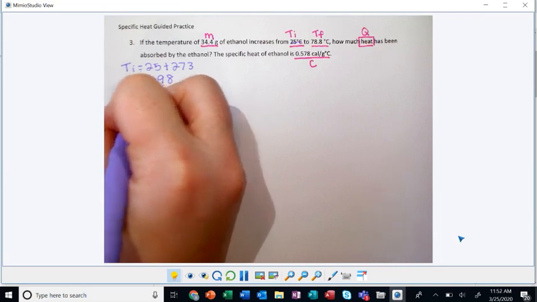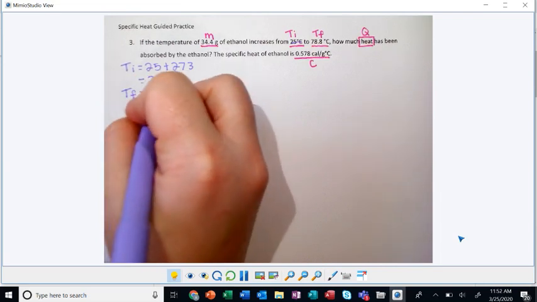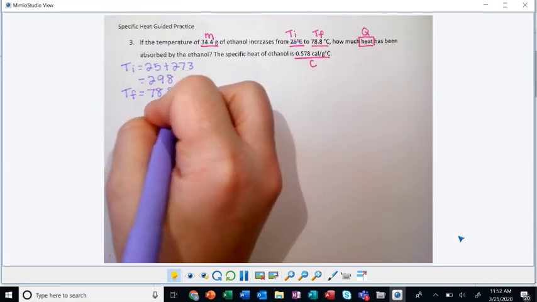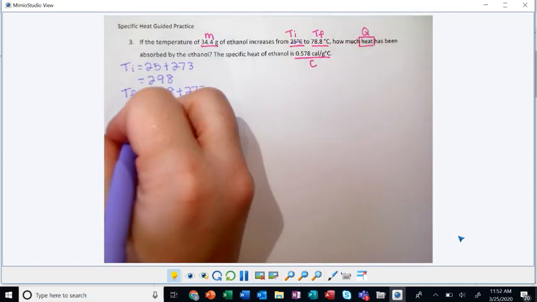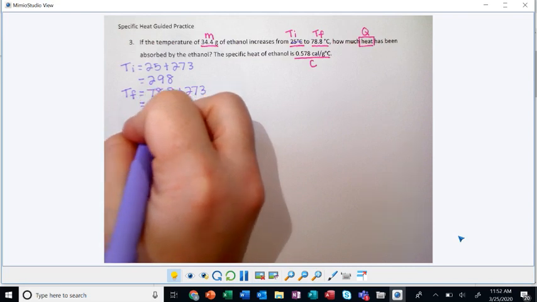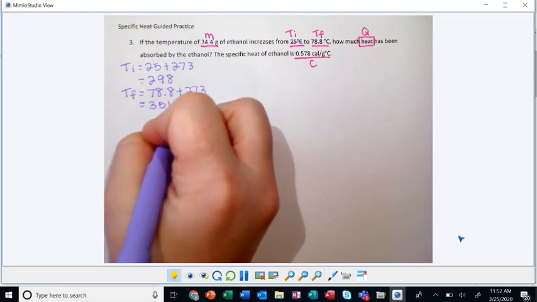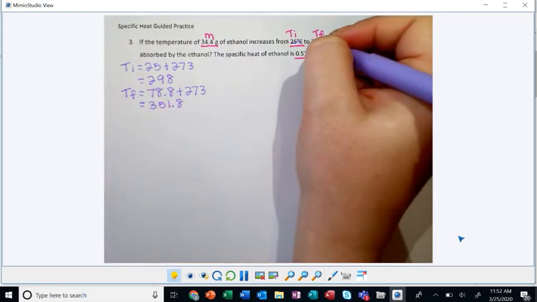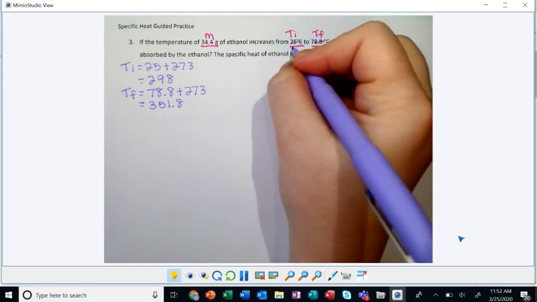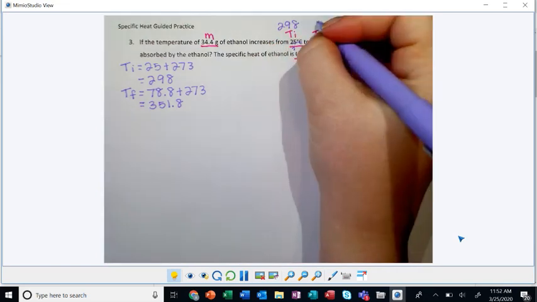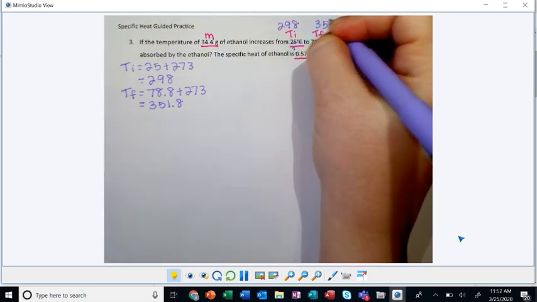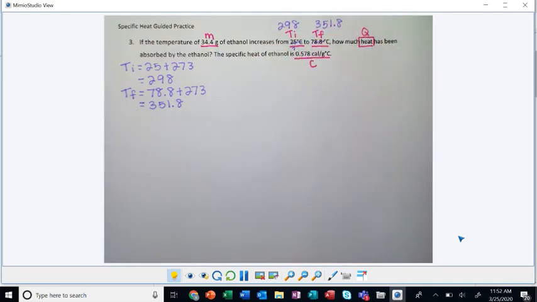My T final is equal to 78.8 plus 273. Put that in our calculator, and we get 351.8. Right. So this was, I'll put above them, 298 and 351.8. All right.